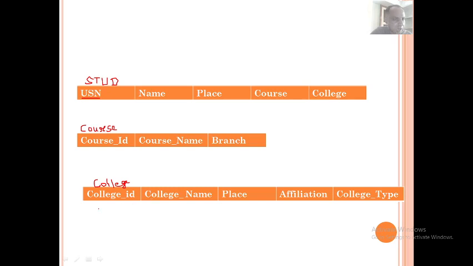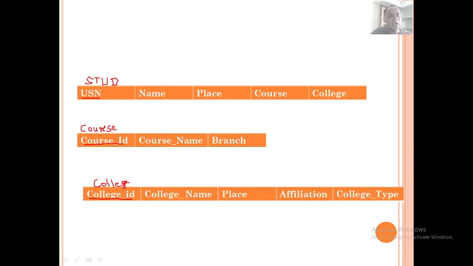Got it? Now college, every college will be having an ID. Here course ID is the primary key, and here college ID will be a primary key, because every college will be having a unique code. Every college will be having a name, and it is located in one place.